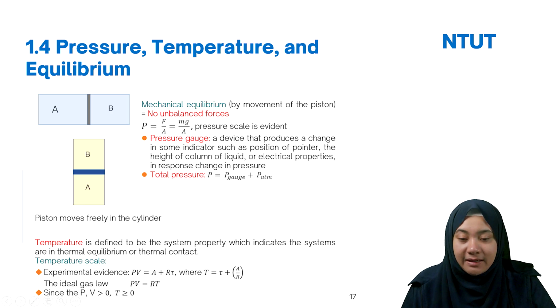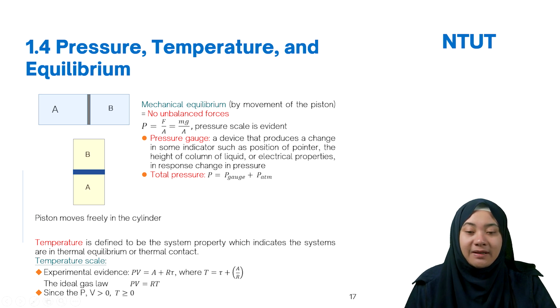The pressure we can calculate as the total force divided by the area. So you have the total force inside your piston and then the area of your piston itself. F in physics is the mass multiplied by the gravity force, and then divided by A.